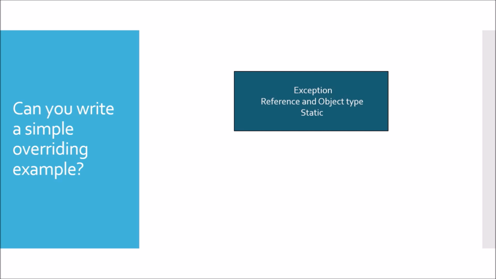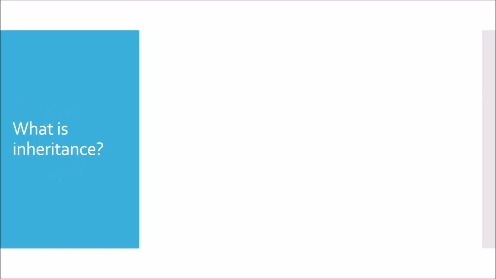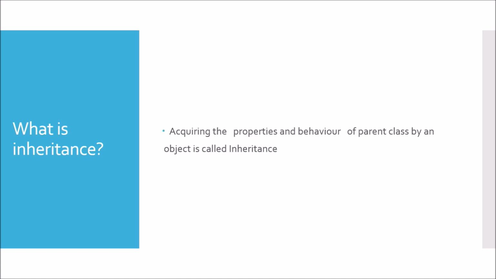Moving to the next question. What is inheritance? Inheritance means acquiring the properties and behavior of a parent class by an object, achieved through the use of the extends keyword.